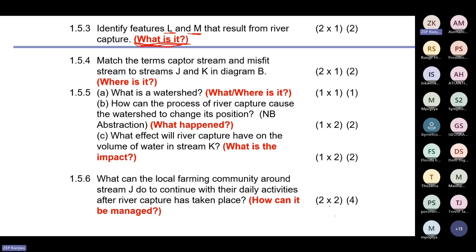Okay, we have then question 1.5.4. It states that we must match the terms capture stream and misfit to streams J and K. So which one is a capture stream?